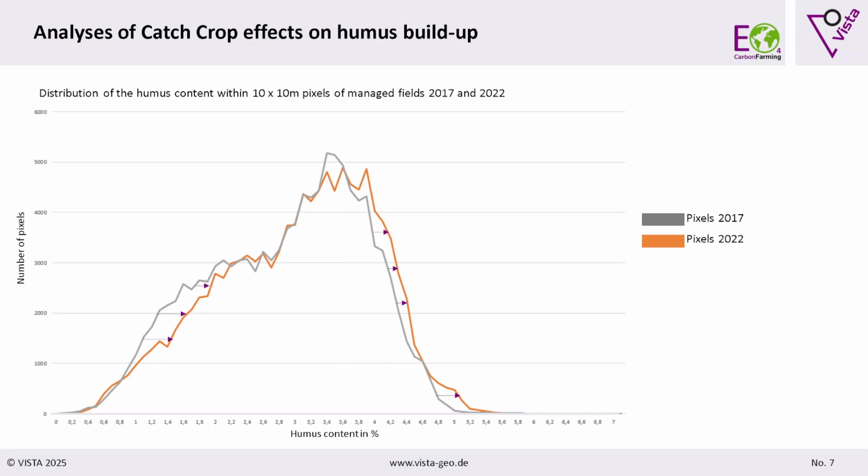And on those fields we can see overall a clear rise in SOC content between 2017 and 2022, and we can also see that the rise is especially strong in areas where SOC content is rather low, between 0.8% and 2.4%, and where it is especially high, between 3.8 and 5.2% soil organic carbon content.